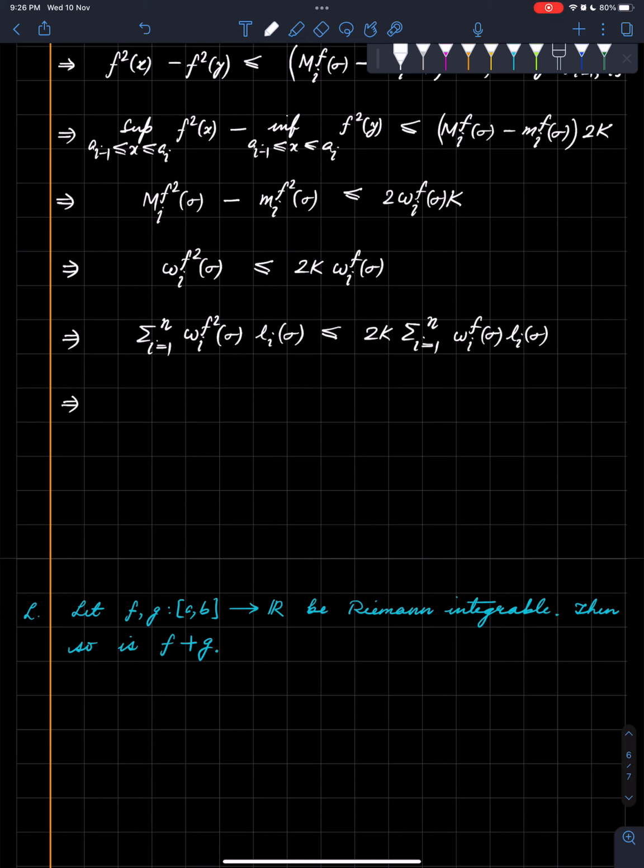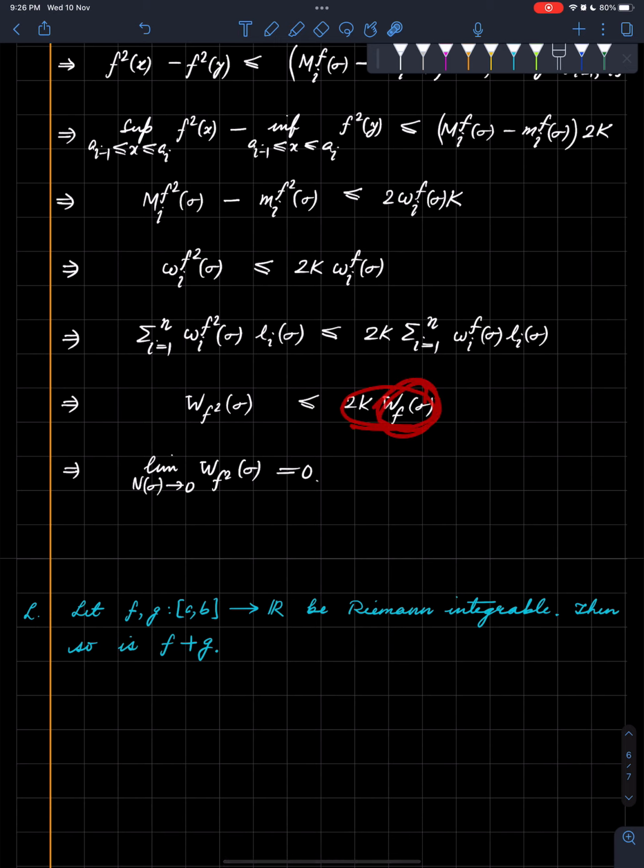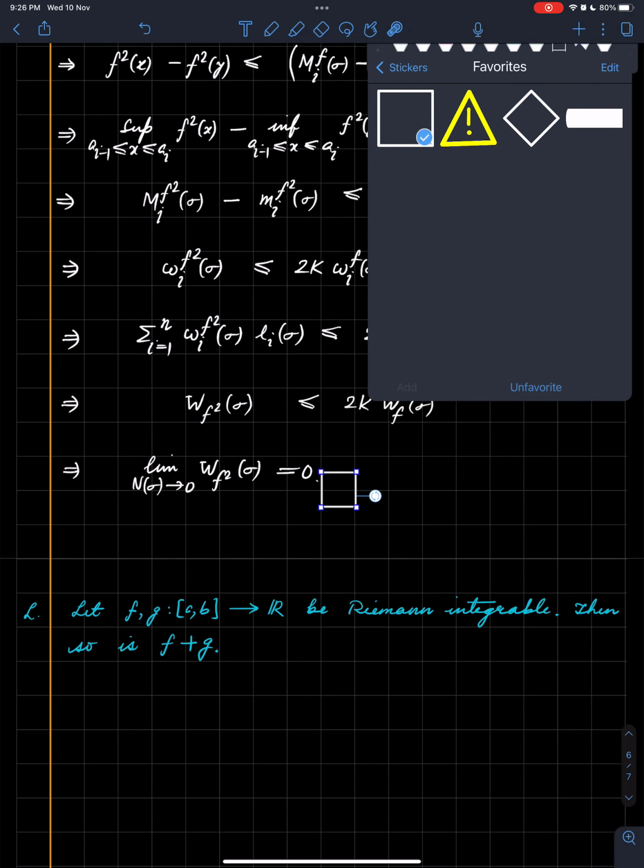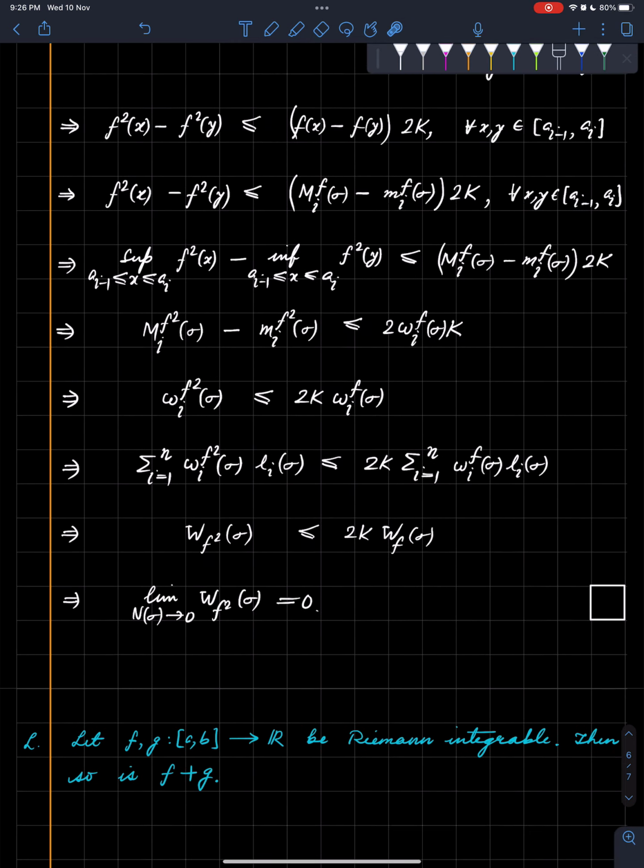Which is, the oscillation of f square over sigma is less than or equal to 2k times the oscillation of f over sigma, and therefore, again just like in the previous proofs, this thing is equal to 0 because f is assumed to be Riemann integrable. So this limit goes to 0, and now this sandwich tells us that that limit goes to 0, and we are done. Okay, great.